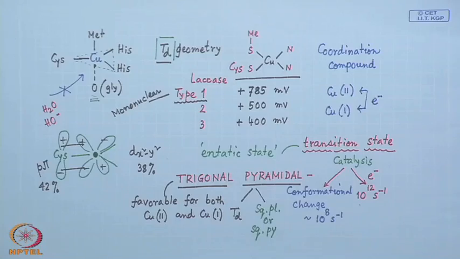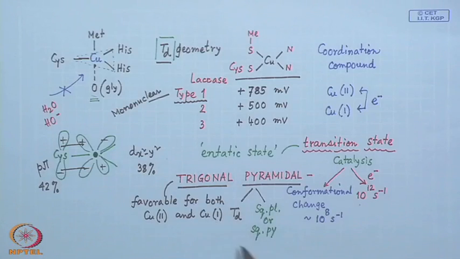It will attract more groups, and the simplest possible one is your water molecule. There are plenty of water molecules available in the system, and that basically tunes this particular coordination geometry.